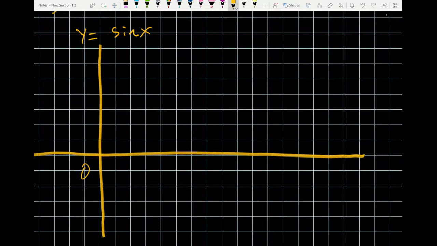Let's make this 2 pi, okay? And then half of 2 pi would be pi. That's pi. And then half of pi would be pi over 2. And then half of pi to 2 pi would be 3 pi over 2.